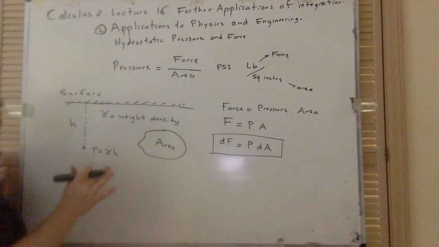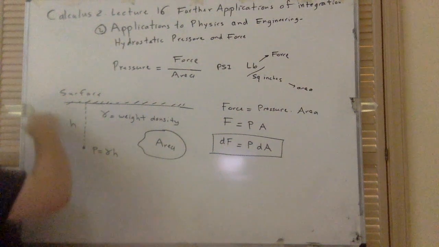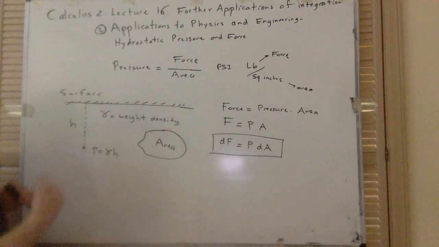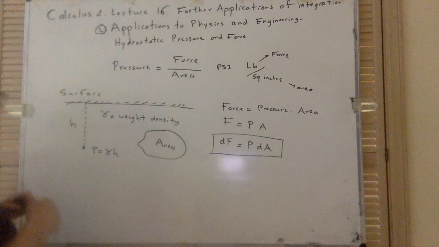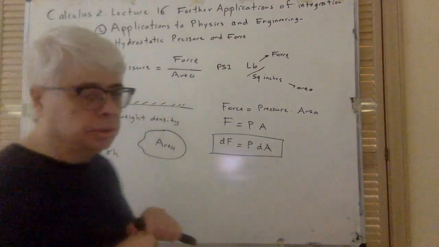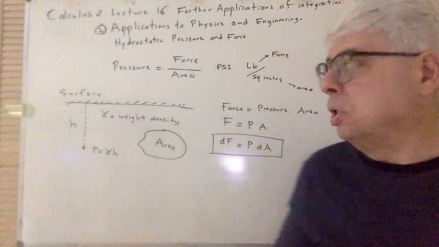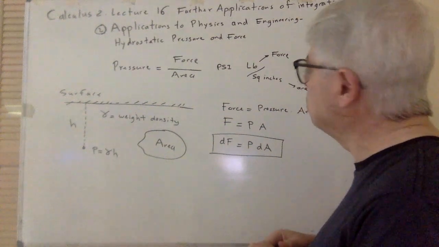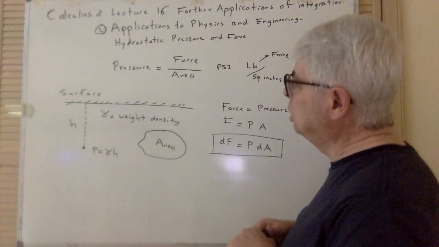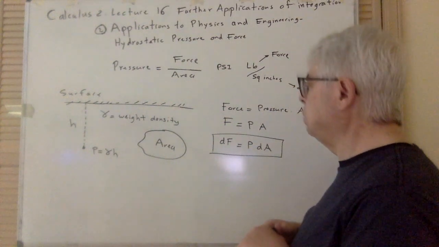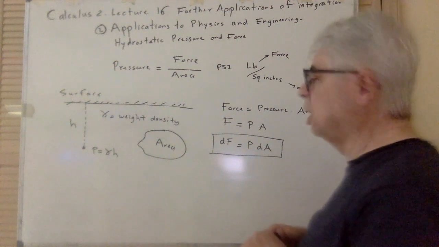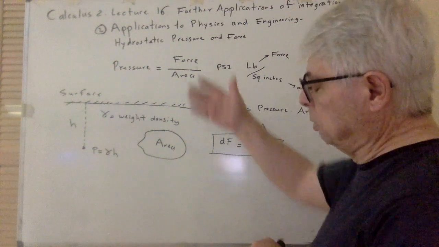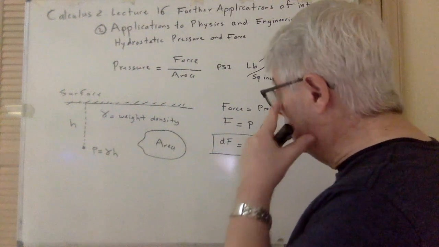It doesn't matter how much water is above this thing. It is where it is. So if you ever take a fluid mechanics course, they might prove to you that the pressure at this depth is in fact the weight density times depth.